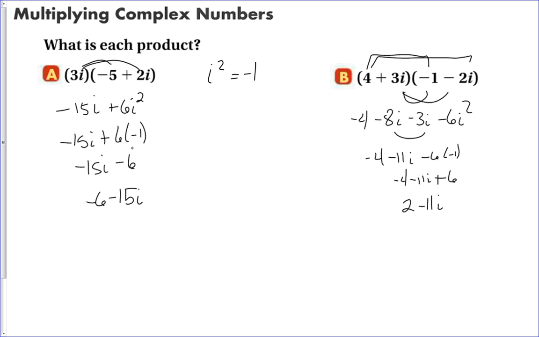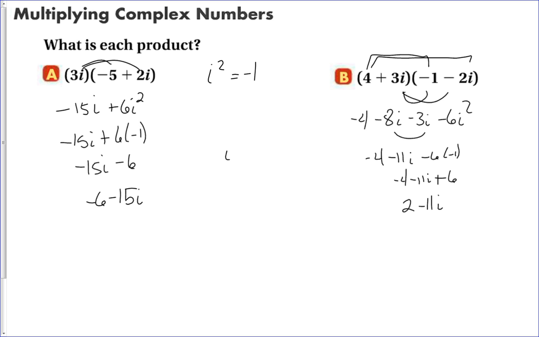So that's where we get the negative 6 from, and then of course the negative 6 has to be first because that's the real term of the imaginary number. When you have two quantities like this, you simply FOIL them together, just like you would if they were x's. You'd simply FOIL them together, combine your like terms, and where you have I squared, replace it with negative 1, and then finish simplifying.